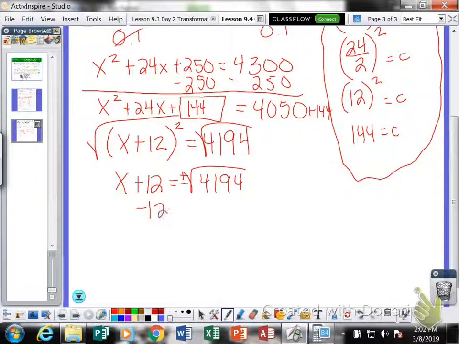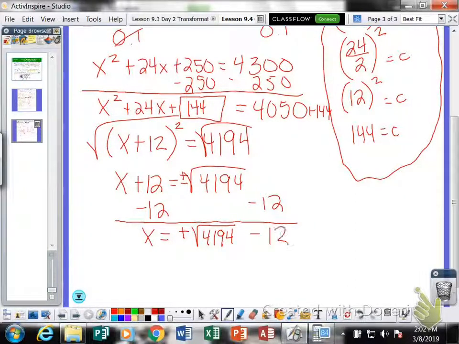Then I subtract 12 from both sides. So I get x equals the positive square root of 4,194 minus 12, being careful that the minus 12 is outside of the square root, and then I also have the minus as well. So x equals plus or minus the square root of 4,194 minus 12. Be careful, like I said, when you type this into the calculator.